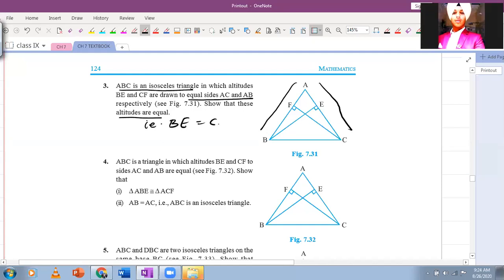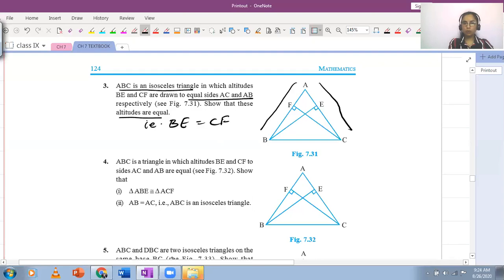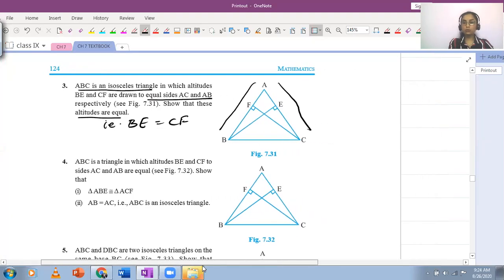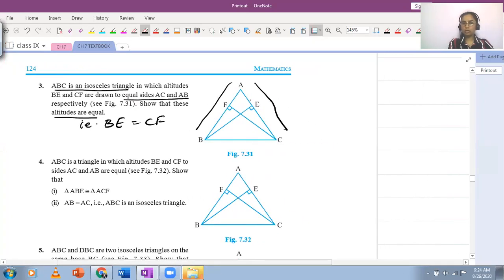Then we have to prove triangle FBC congruent to ECB. Okay. So this actually will be done with congruence. You are going to prove congruence of two triangles from here. In the figure given here, you are going to pick two triangles. Now you have to pick the triangles very carefully.